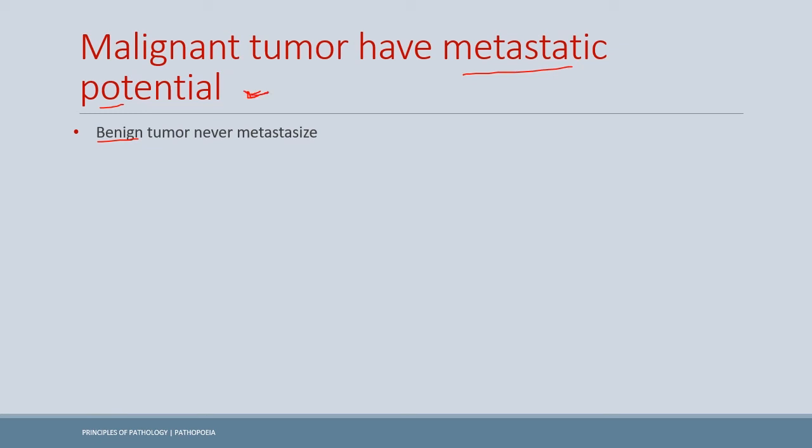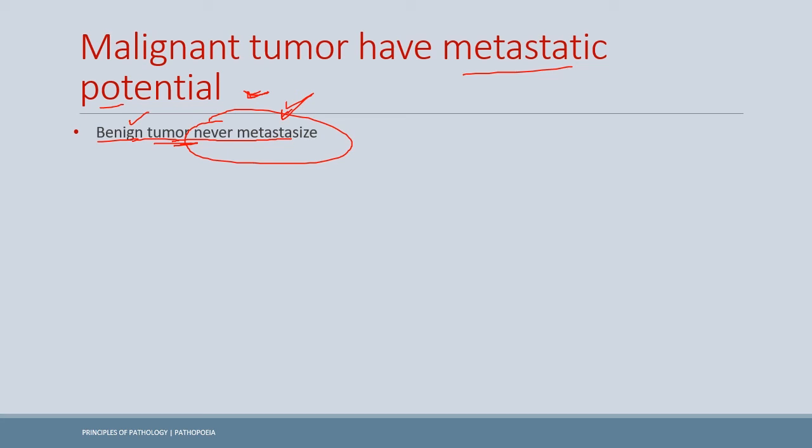The malignant tumors have a metastatic potential and the benign tumors never metastasize. This is by definition. The benign tumors usually don't invade, or are less invasive. However, they may invade, but they absolutely don't metastasize. This is what makes them different from the malignant tumor.